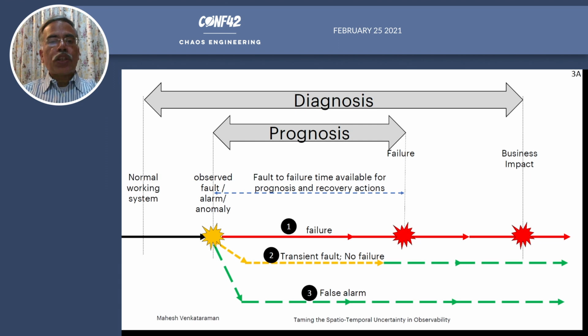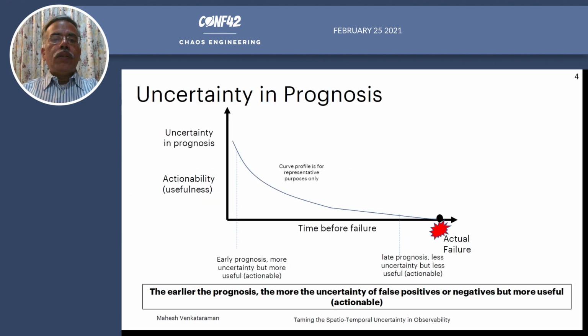Third, it's actually a false alarm and really not a fault as originally believed. As you can see, there is significant uncertainty here. There is significant uncertainty in deciding to classify an observed response behavior as either normal or anomalous. Both false positives and false negatives have impact.